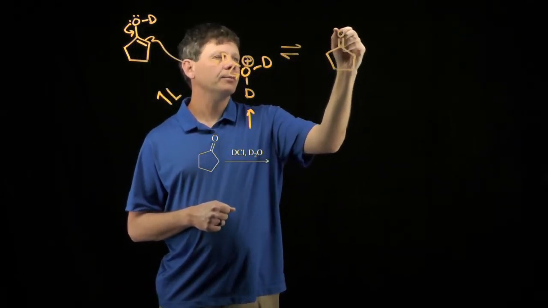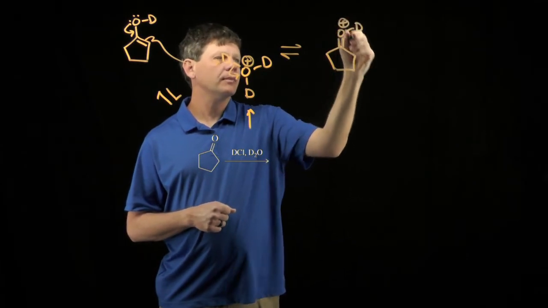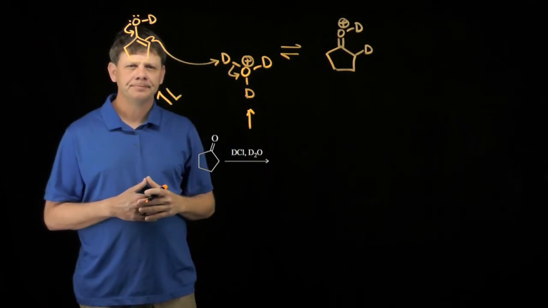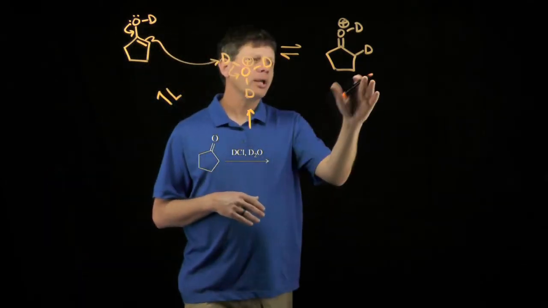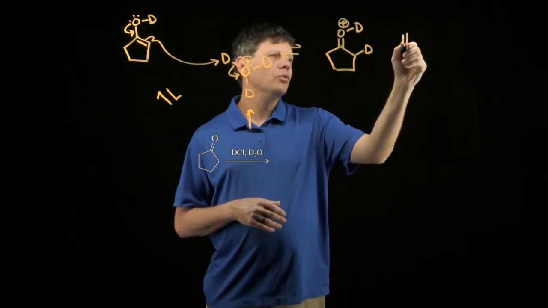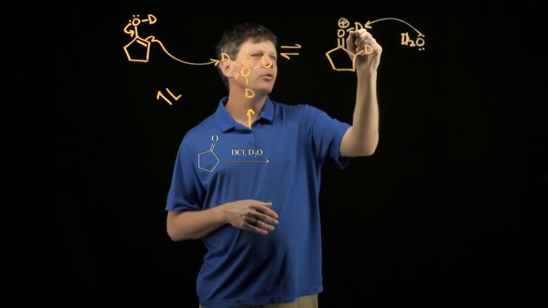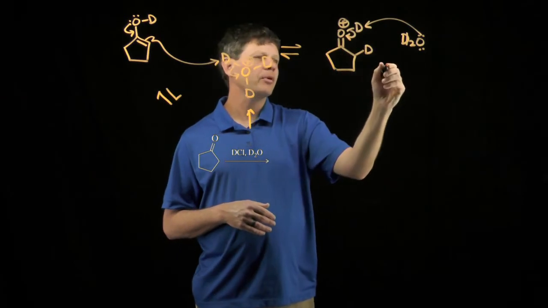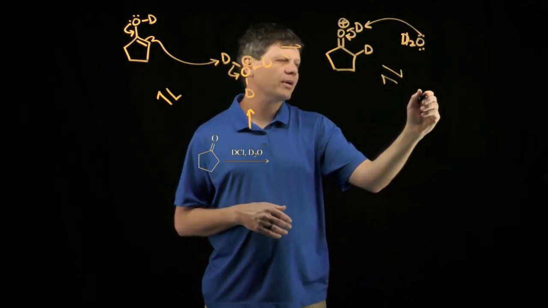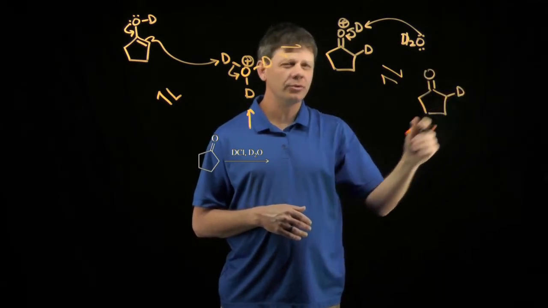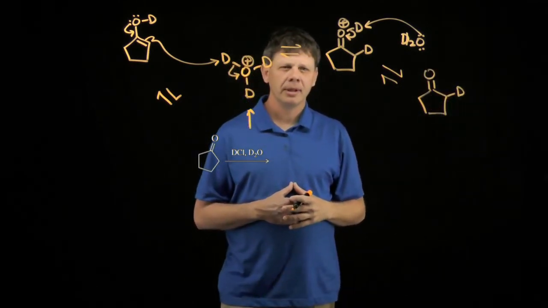What that's going to give you is the incorporation of one deuterium atom. At this point, using D2O, we can remove that proton, that deuterium, from the ketone to give us the ketone with a single deuterium incorporated.